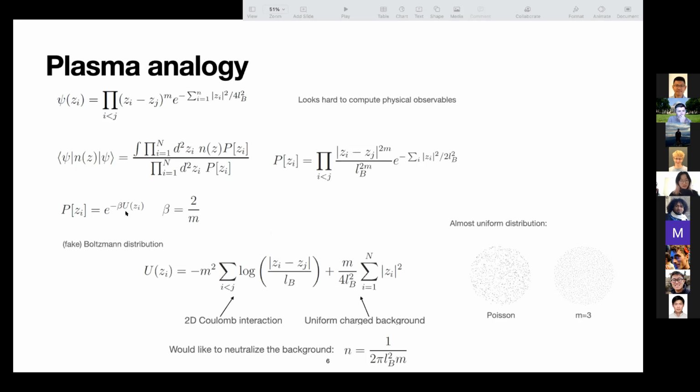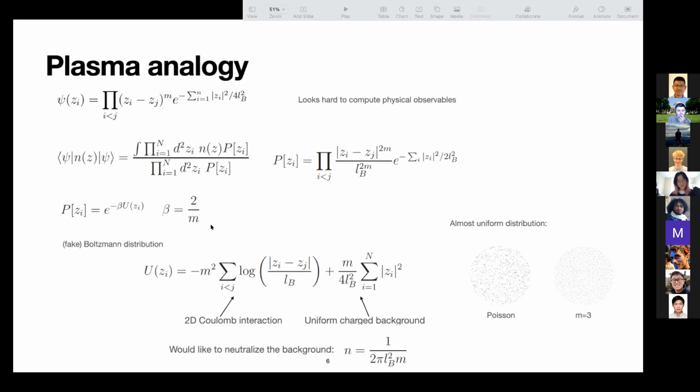Yeah, and this plasma analogy is an intuitive way to have an intuition for a property of the wave function. There's not actually a temperature or something. Right. Okay. So even though the whole wave function is exponentially localized in a droplet, the claim is that the density is still uniform.